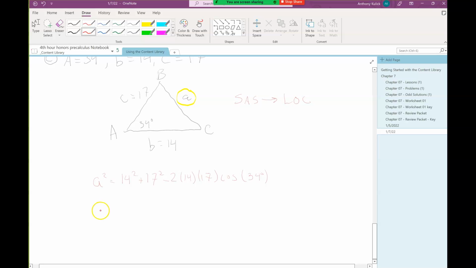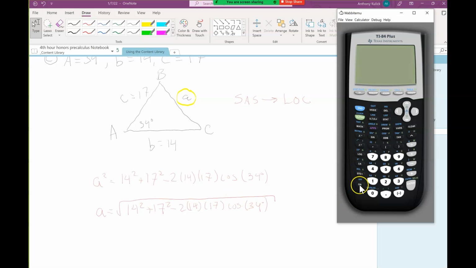To get the A by itself, I'm just going to square root both sides. And if it's me, I'm not going to do any intermediate calculations, because what would probably happen is I just screw up some order of operations thing. I'm just going to let the calculator handle the whole darn thing for me. Emma? Absolutely. No problem.